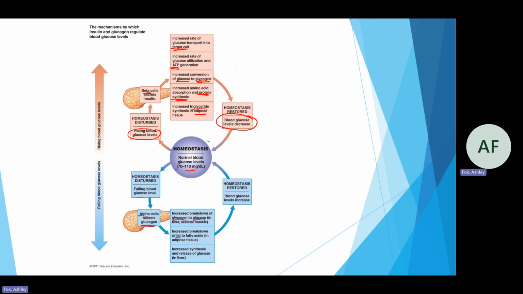You're going to break down fat to fatty acids and transform it to glucose. Fatty acids transforming to glucose and amino acids transforming to glucose happens in the liver. So gluconeogenesis is going to happen in the liver, and you're going to increase the release of glucose, all causing the blood glucose levels to increase.